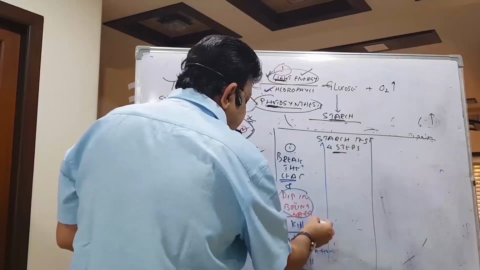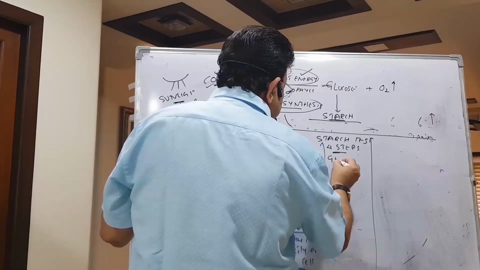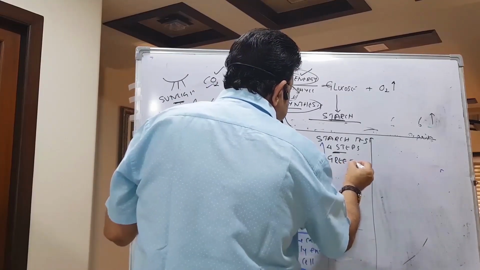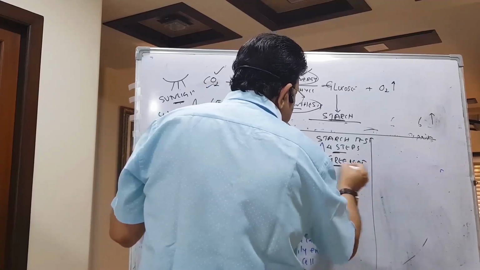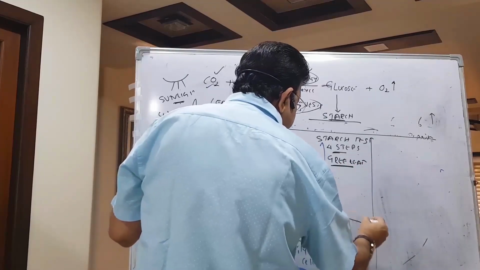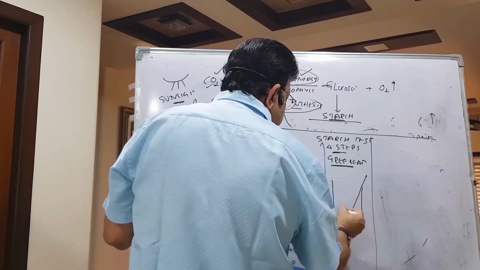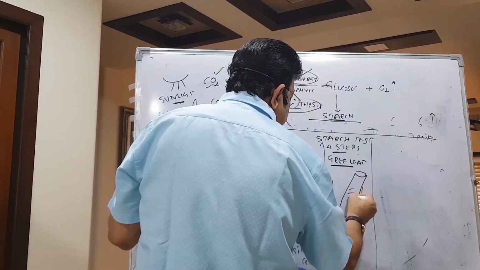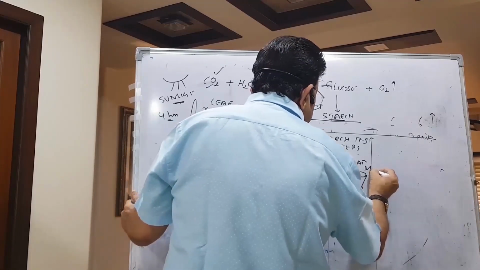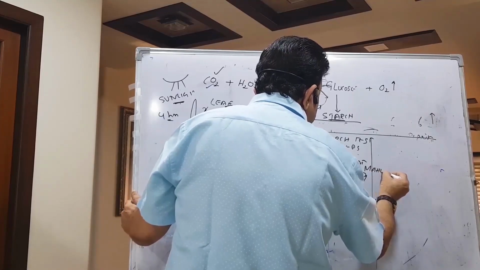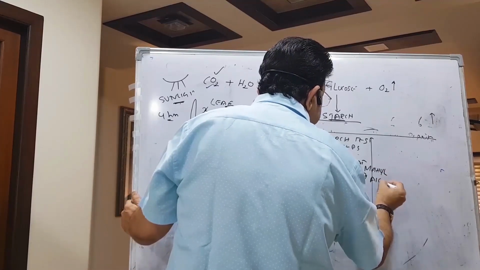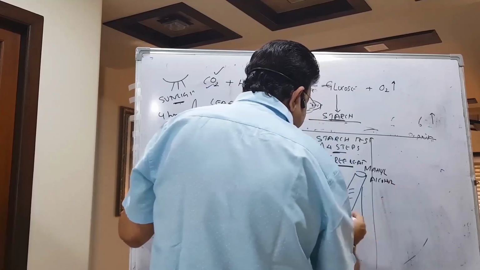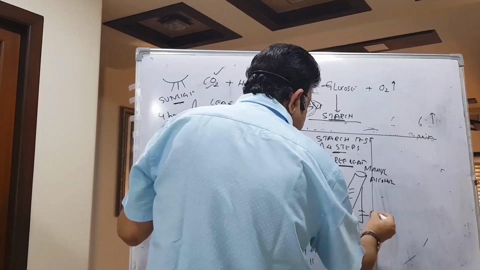In step 2, I take this leaf, pay attention, I take the green leaf, obviously green parts of a plant produce photosynthesis, and dip it in a test tube. This then is a test tube containing methyl alcohol. I have to place it in a water bath.